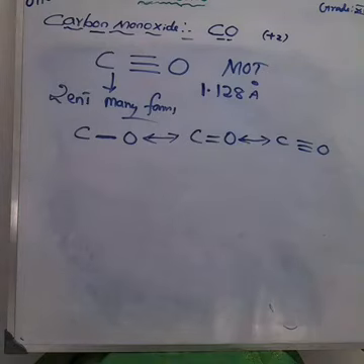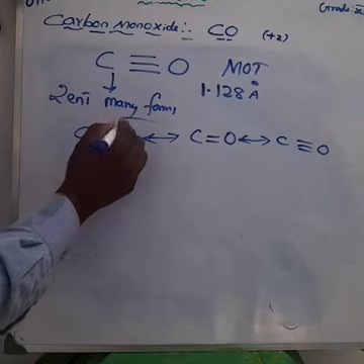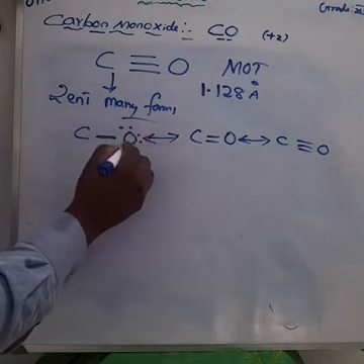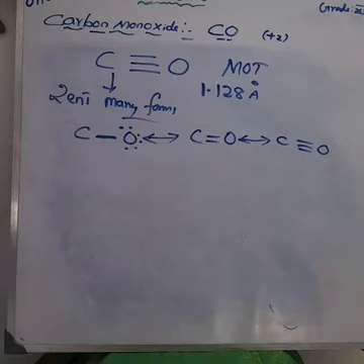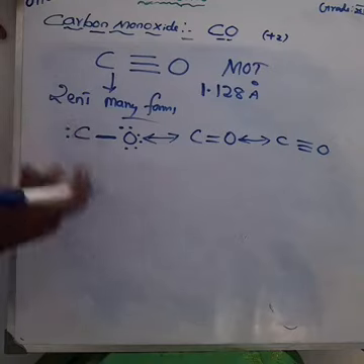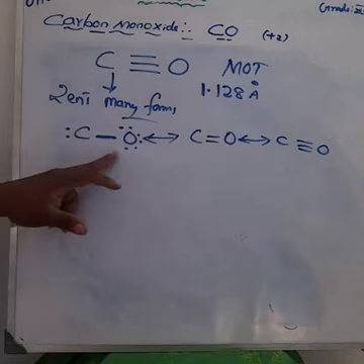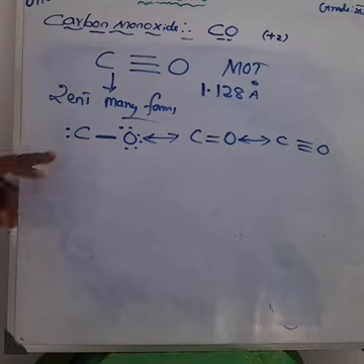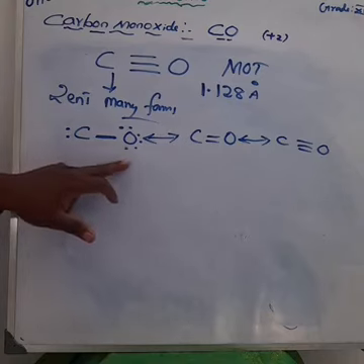Suppose there is one bond: then oxygen must have 6 electrons. This is a condition we already learned. Carbon also has 2 electrons. Next, with a double bond, oxygen must have 4 electrons, and carbon also has 2 electrons.